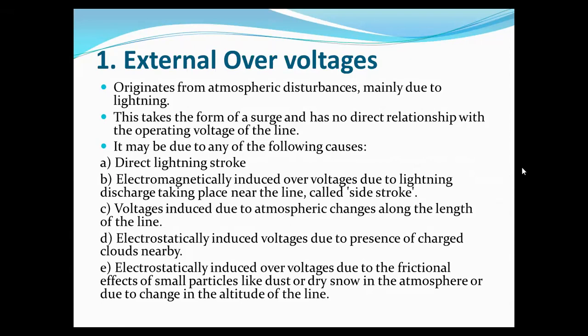Now how actually does it happen? In the cloud, almost 100 lightning strokes occur in a minute, and they have very high current. When we see a lightning stroke, its current varies from 10 kiloampere to almost 90 kiloampere, so it is of very high current.